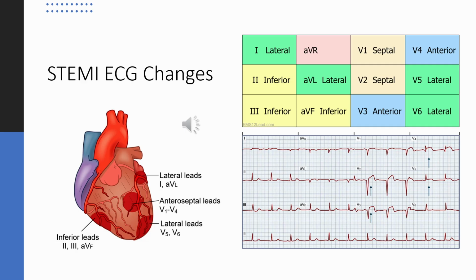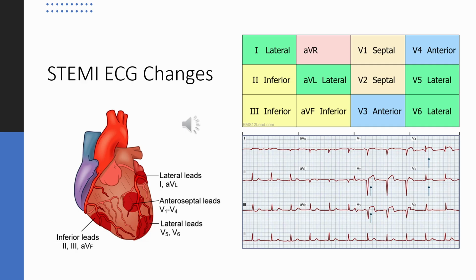So if you look at this slide here, you can see we've got the heart on the left-hand side of the screen, and it tells you the different leads where you're going to see an infarction occurring on the 12-lead ECG. So an anterior wall MI, which is blockage in the left anterior descending artery or LAD artery.